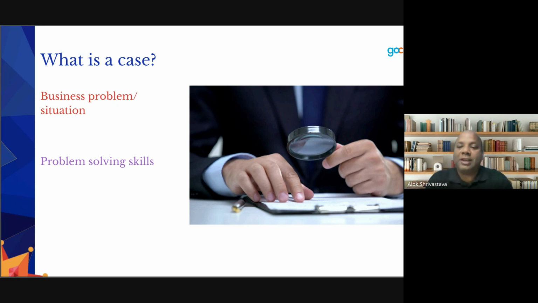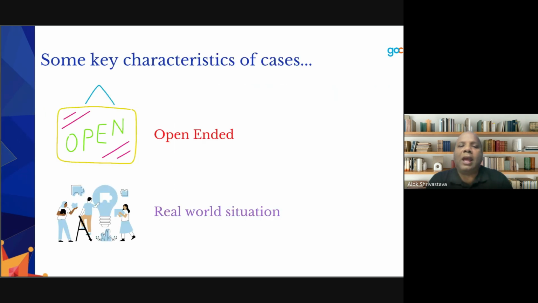A case or case study, which is generally asked in the interview, is basically a business problem or a situation given to you, and it is to basically test your problem solving skill, right? That's the idea. Generally the case studies given during the interview by the recruiter are open-ended statements.